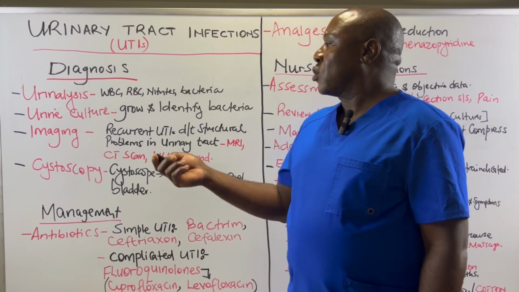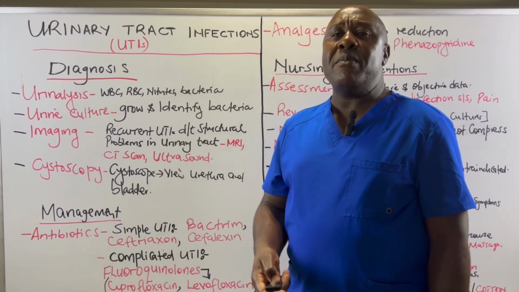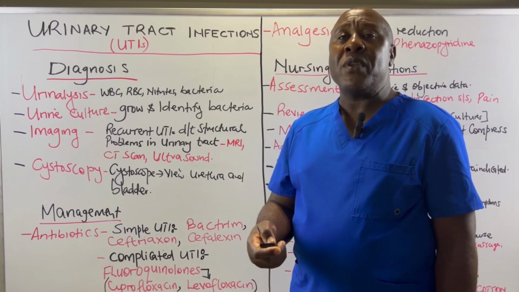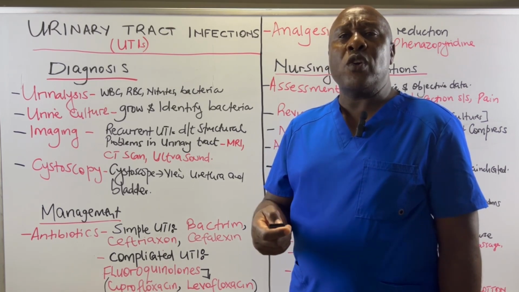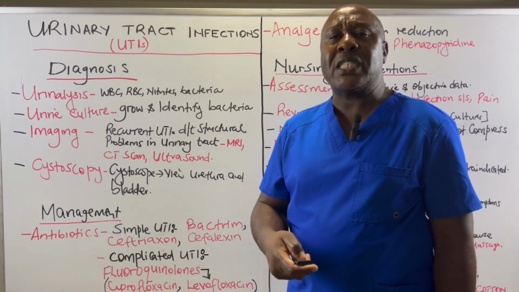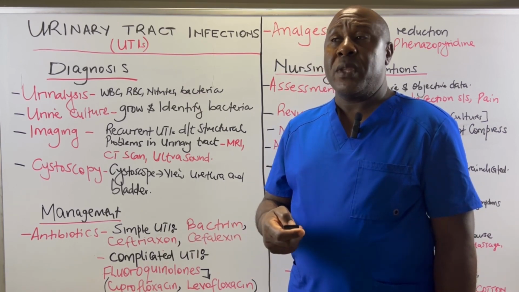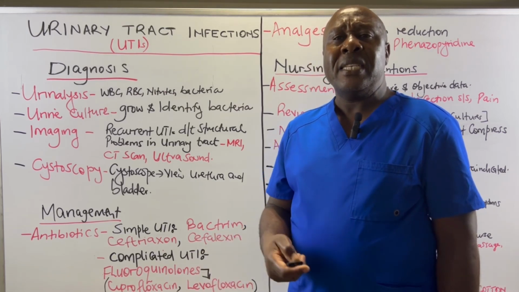But I wanted to point out something here. In most cases with an infection, even before the healthcare providers can identify the bacteria, they normally prescribe what we refer to as broad spectrum antibiotics. These are antibiotics that are not aimed at treating any particular bacteria. They can treat any type of bacteria.